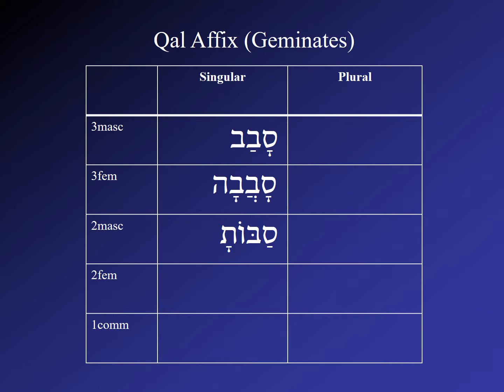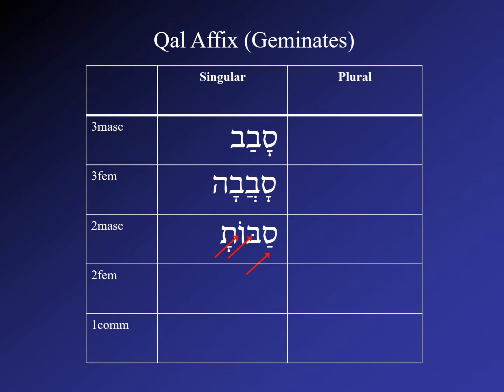Now, the second masculine singular, sabota. Notice that our vowel has reduced and we've doubled our bet. We also have a holem vav inserted into the root. This actually looks quite a bit like a hifil of a middle weak root, except it doesn't have the hey on the beginning.